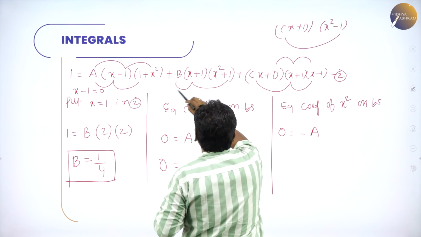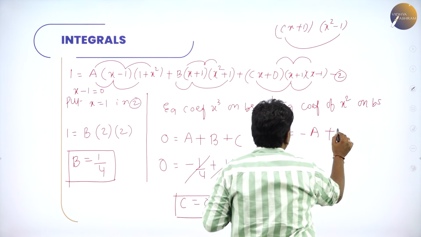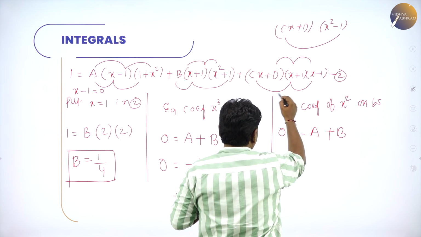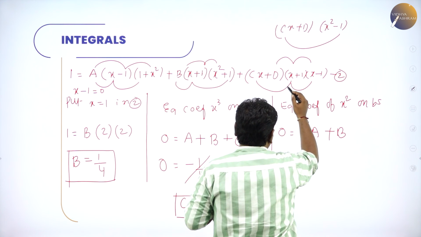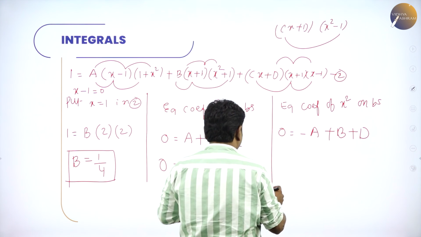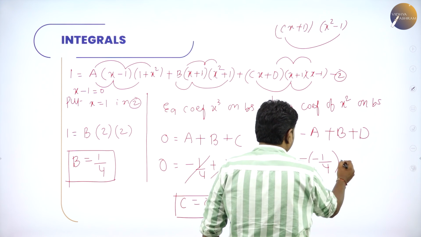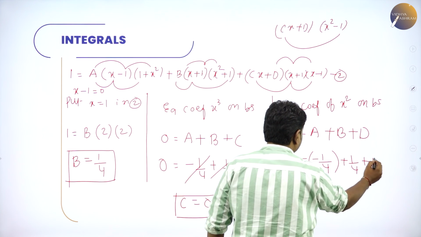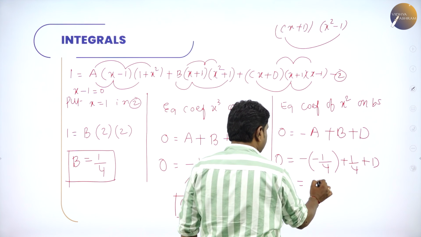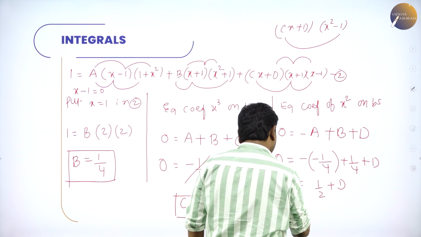Here b x square into 1 into b, so plus b, and c x cube, d x square positive, a plus b plus d, and you know a and d, so minus of minus 1 by 4 plus 1 by 4 plus d. So simplify this, it will become 1 by 2 because it will become 2 by 4.